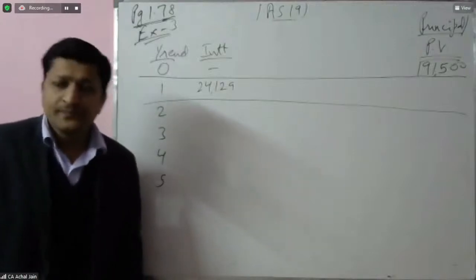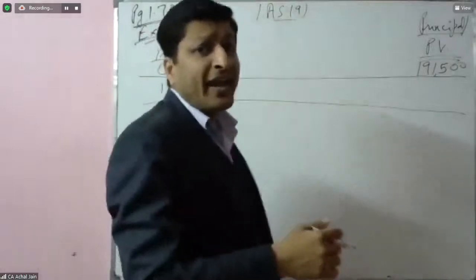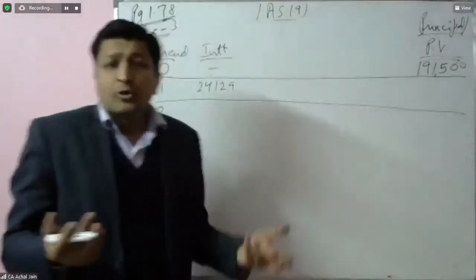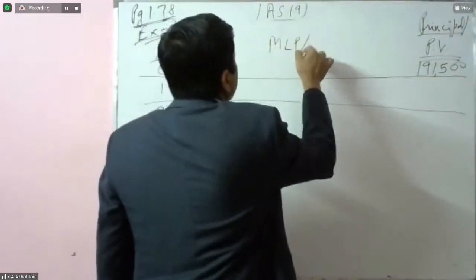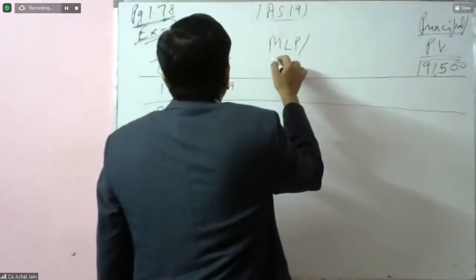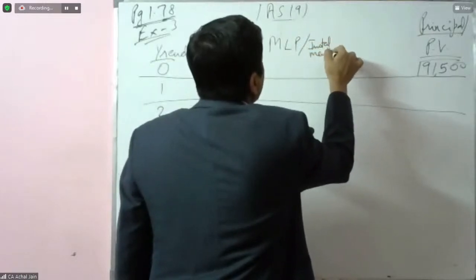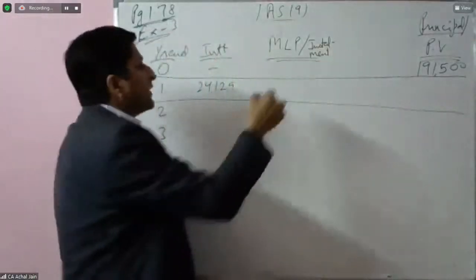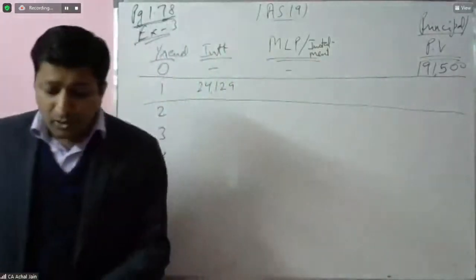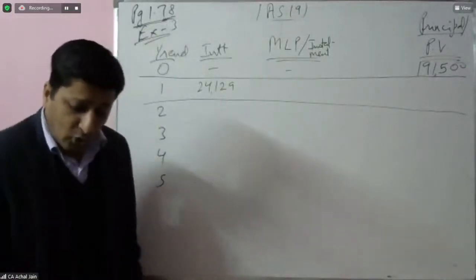Correct? Okay. And every year we are required to pay an installment, or you can say the lease amount. This MLP is a kind of installment only, like you see in case of a loan. As I told you, it's a kind of funding arrangement only. When it comes to a finance lease, it's a kind of loan arrangement.